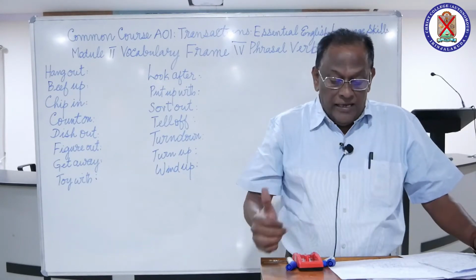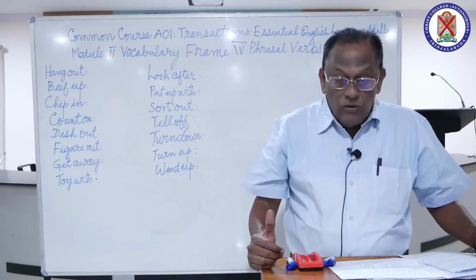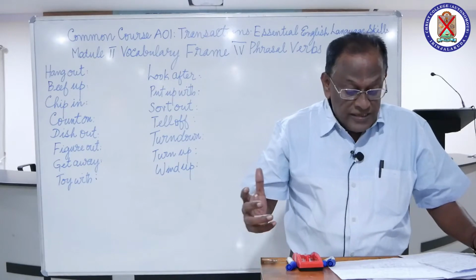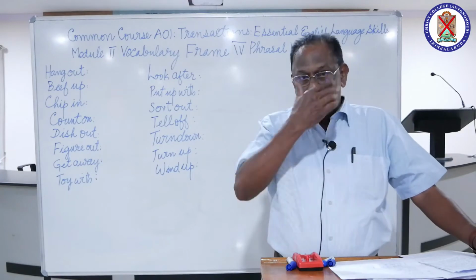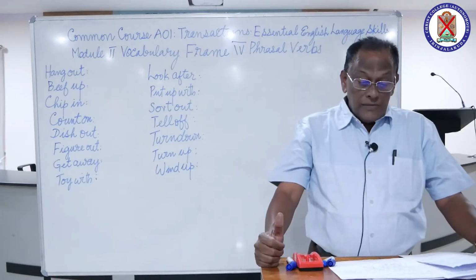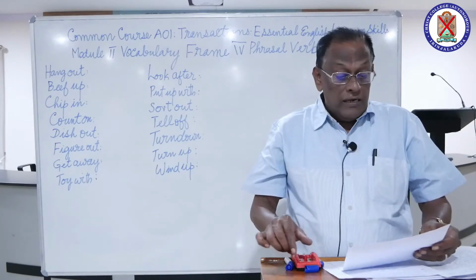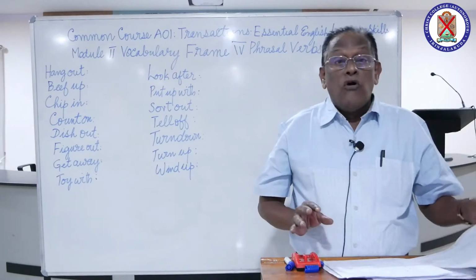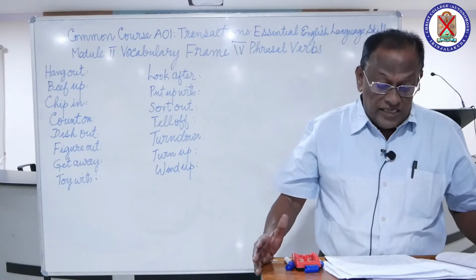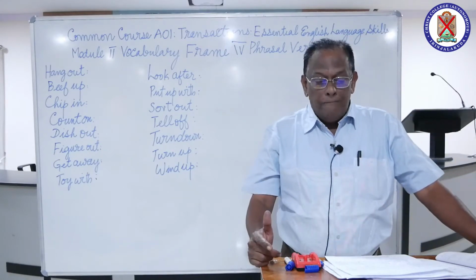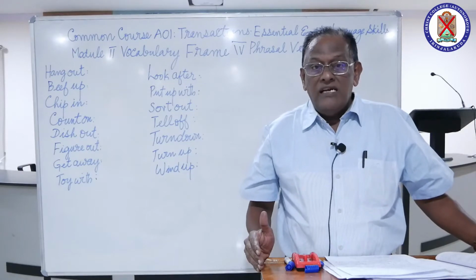That frame familiarizes the learner with the importance of putting words in proper combinations. I gave you some examples that day. After collocations, today we are coming to the fourth session of Module 2. In this fourth session, that is frame 4, we are going to deal with phrasal verbs.